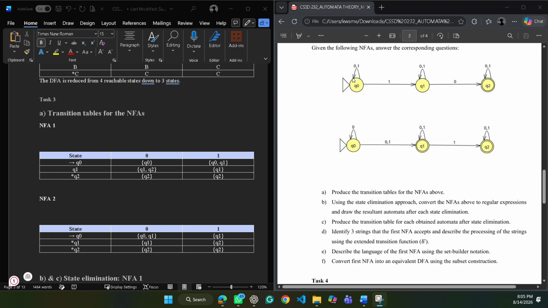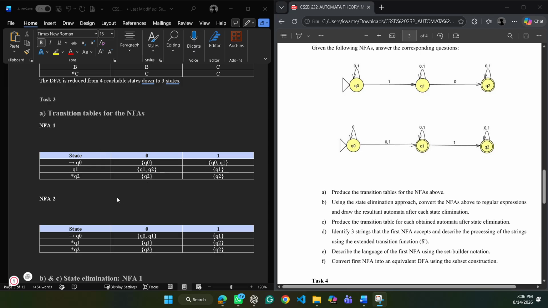You still maintain your position because of the arrow. If you're at Q0 and you receive an input of 1, where do you go? You can go to Q0 or Q1 at the same time. That is why the state here has 0 and then 1.